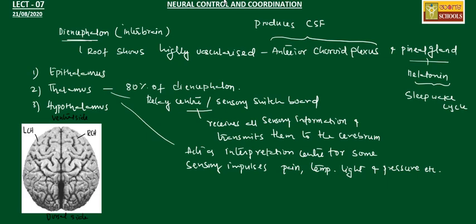Now you can see there is the longitudinal fissure separating them. There is a gap between the left and right cerebral hemispheres, and this is the longitudinal fissure.